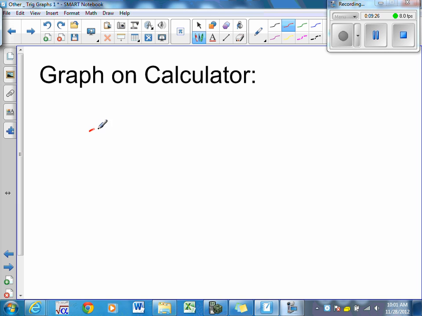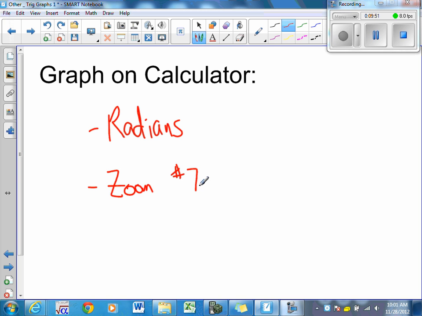First off, important thing is set your calculator to radians. Okay? So when you try graphing these, set these to radians. The other thing is to see it well, go to zoom number 7. That's zoom trig, and it'll just make these graphs appear better. So we're just kind of looking for some general ideas of what happens here.